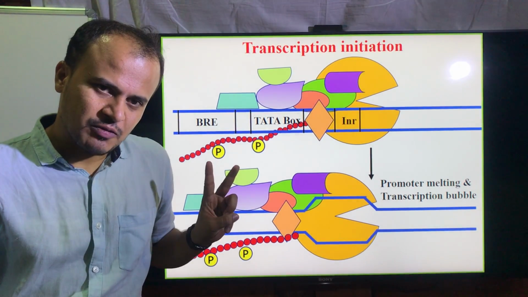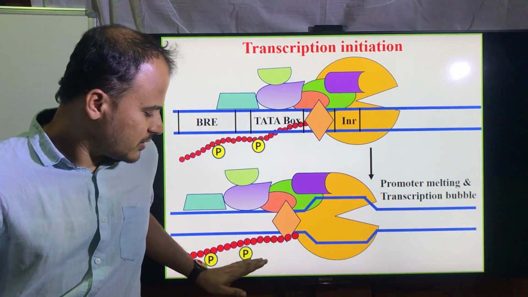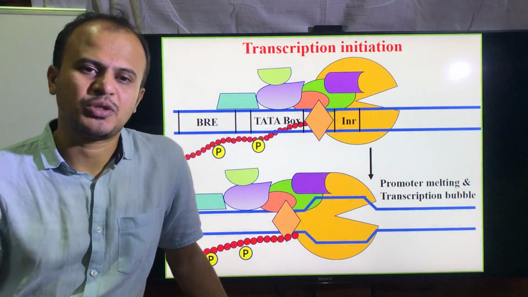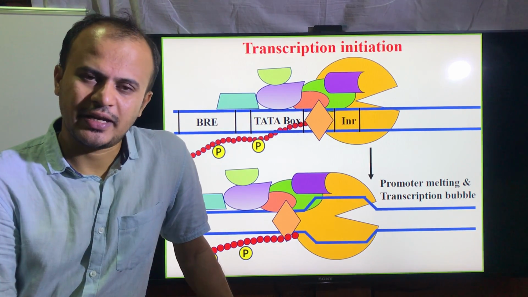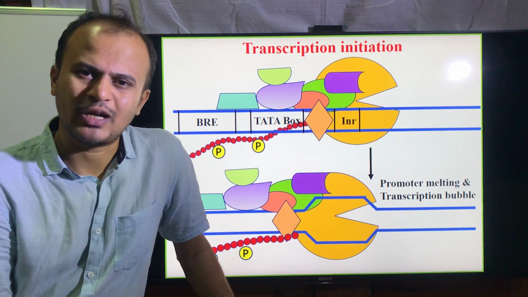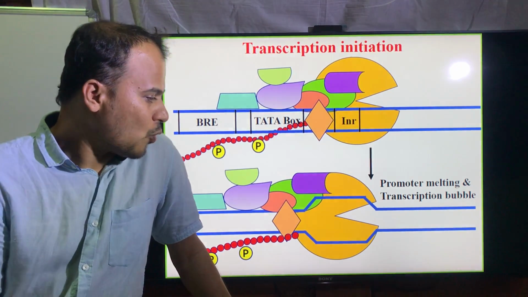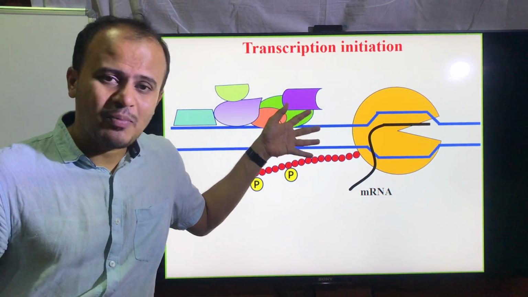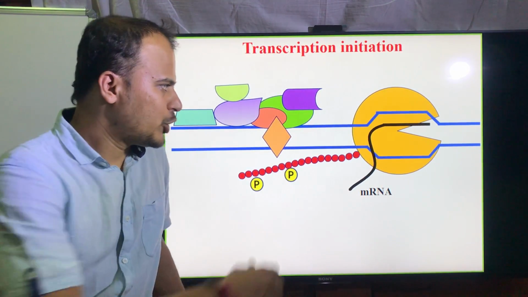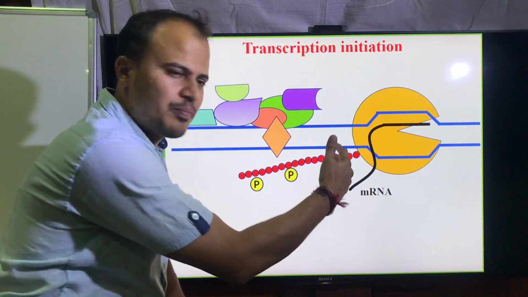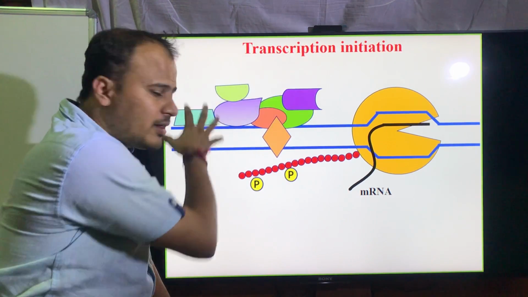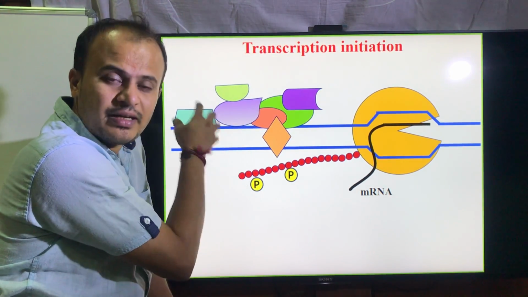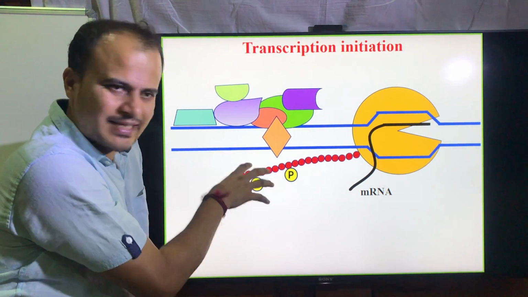So, two things are essential. One is the phosphorylation, the other is the formation of the transcription bubble. These two activities are taken care of by the transcription factors including TFIIH. Once the transcription bubble is formed, you can see that the RNA polymerase is moving along the gene and all the transcription initiation factors are left behind at the promoter site itself.